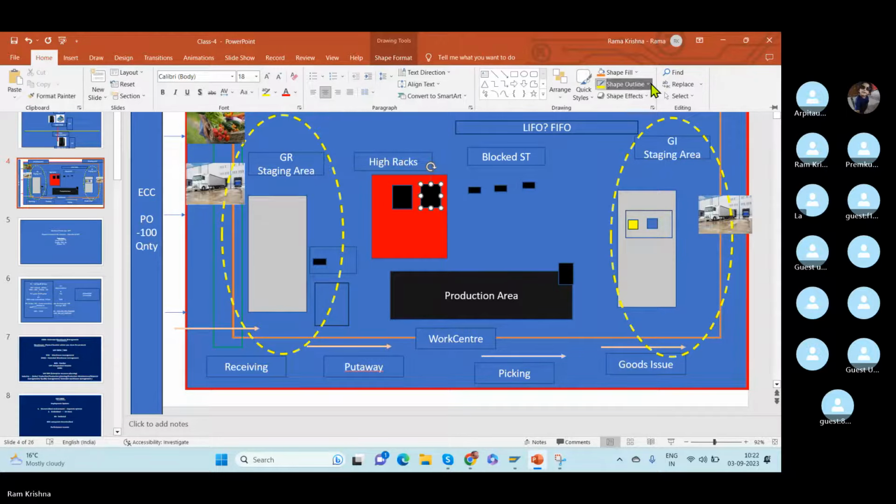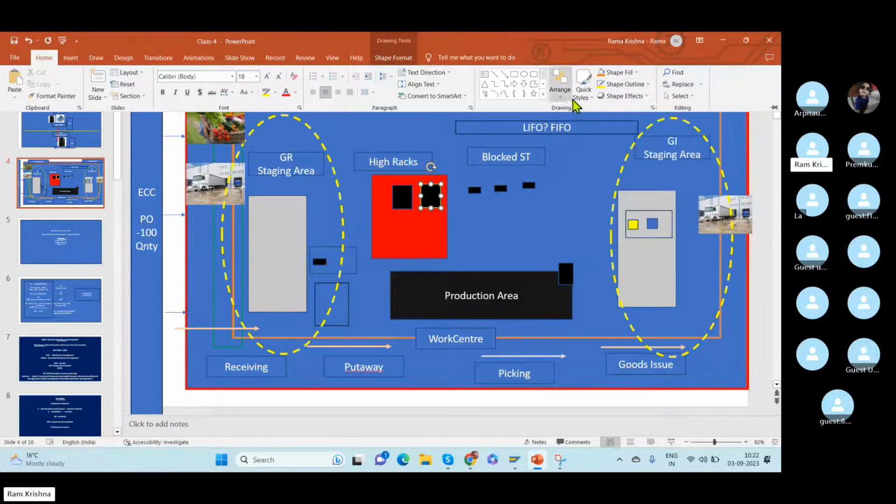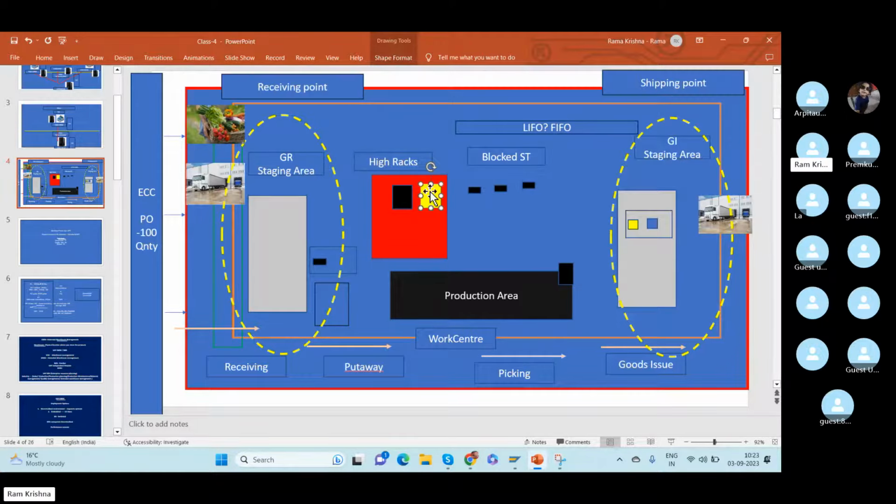This is unrestricted F2. I need to change it to quality inspection, Q4.